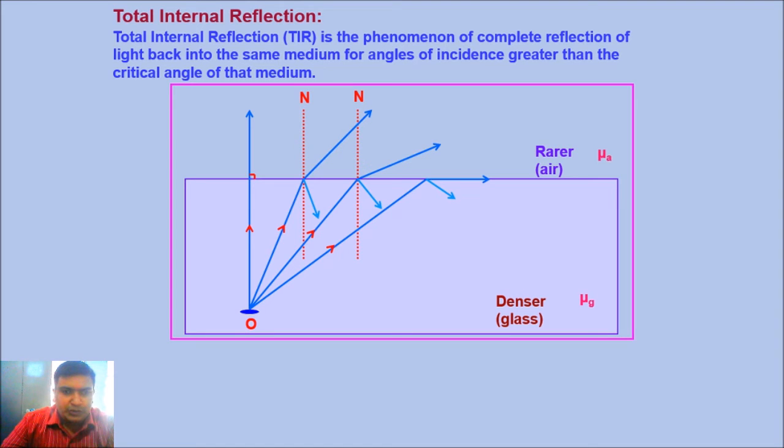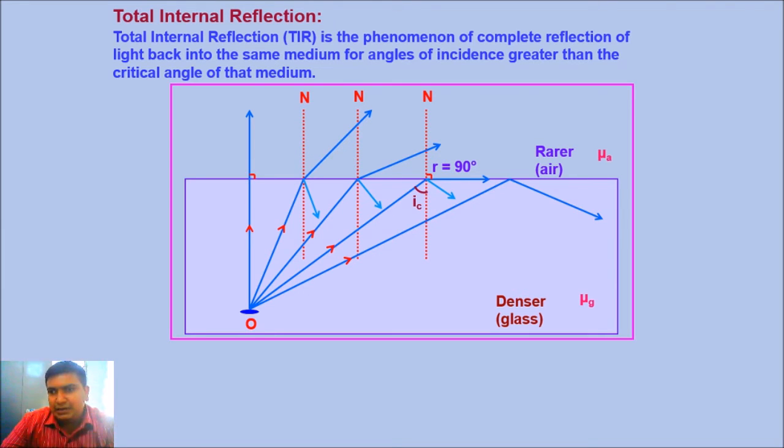At some point the refracted ray makes an angle of 90 degrees with the normal, and that is the critical angle. After that angle, if we again increase the angle of incidence, the light becomes totally internally reflected. This phenomenon is called total internal reflection.